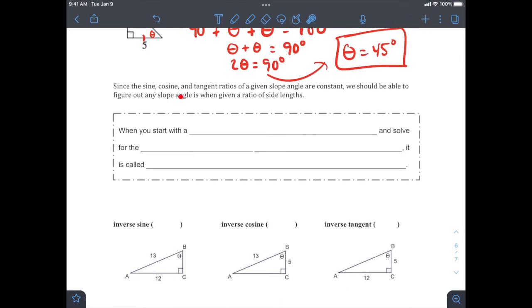It says, since the sine, cosine, and tangent ratios of a given slope angle are constant, we should be able to find out what any slope angle is when given a ratio of side lengths.